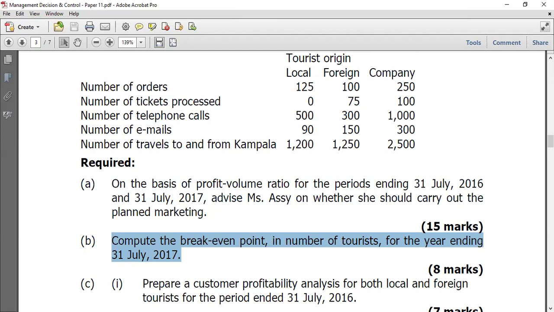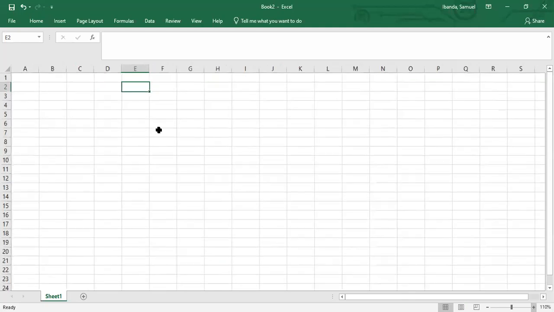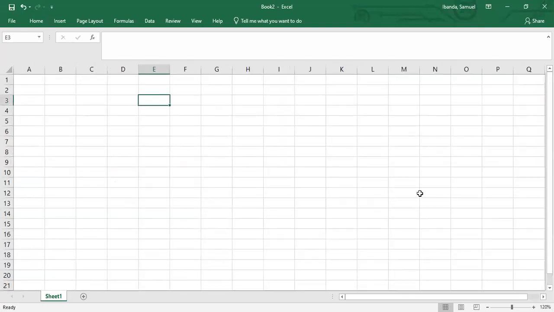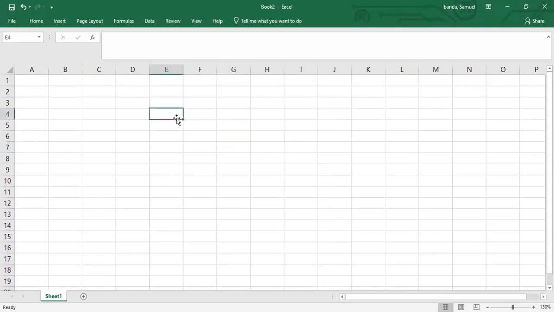I think you're breaking, but I can just try to comment about it here, and then you let me know. So right here, the normal break-even point for a single product, I think you must be aware of.